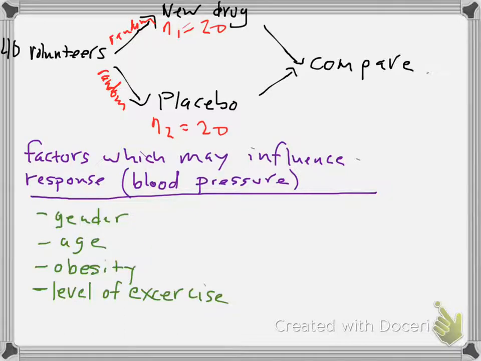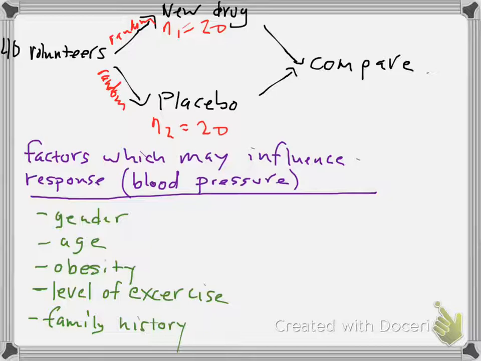This might have some kind of effect on how the drug works. Maybe people who work out more or have more exercise will respond more favorably to a drug. We don't necessarily know. Family history is a big one when it comes to medical problems. Does high blood pressure run in your family, or is it just unique to you?